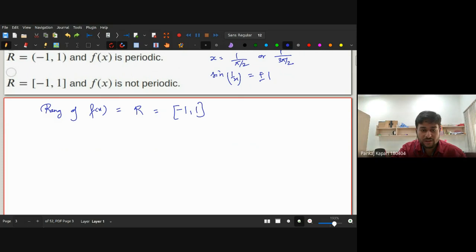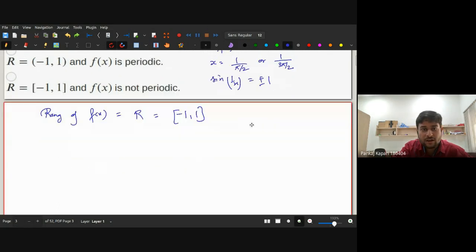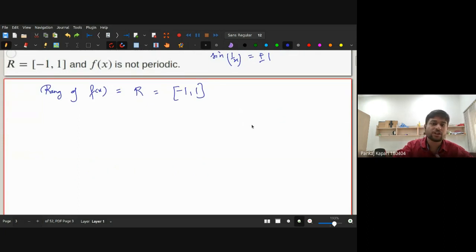Are there any questions? Okay, if there are no other questions, let's find out if this function is periodic or not. What do we mean by a periodic function?